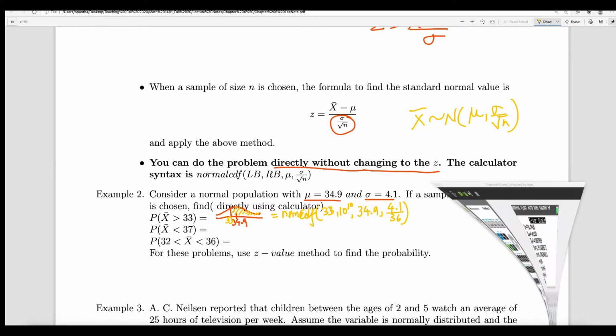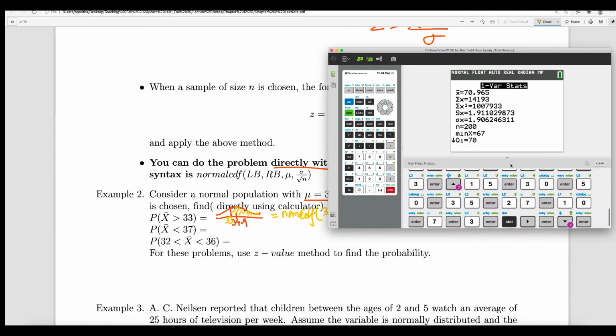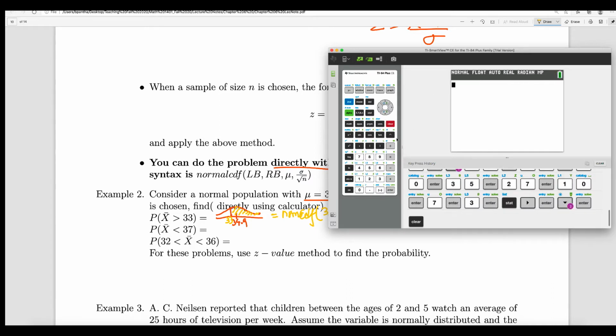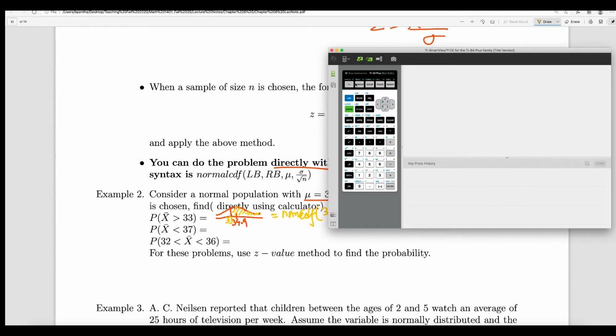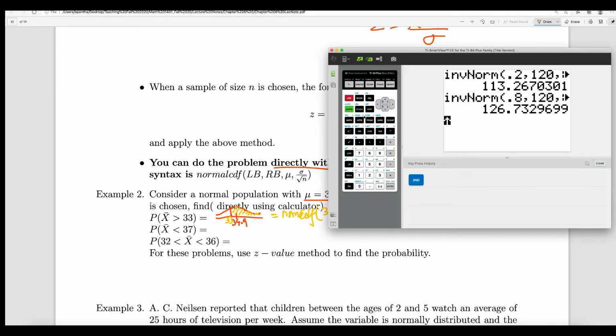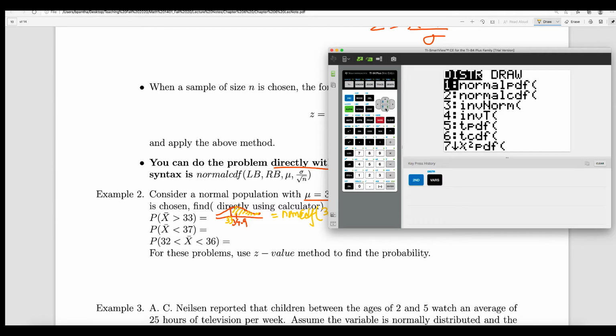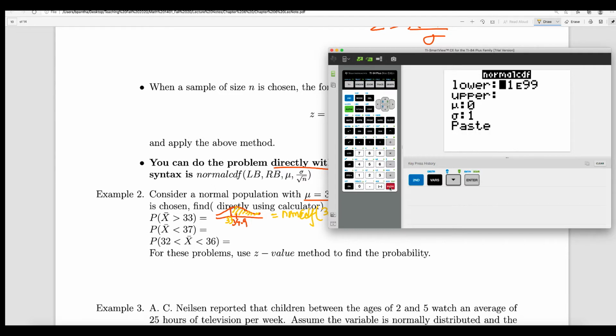Okay, so I'm going to use normal CDF. Let me clear this, and I'm using a TI-84 Plus calculator. So you press 2nd, VARS, and go to normal CDF, because you are finding the probability. That's why you use normal CDF. The lower limit is 33.